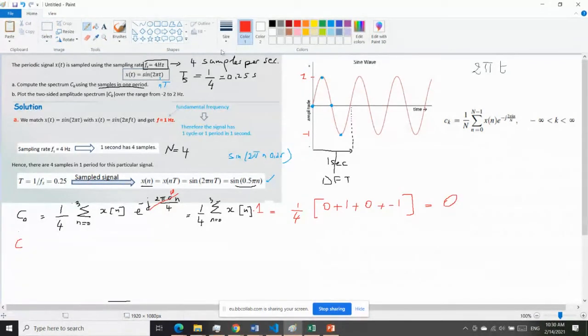C1 is again 1/4, n goes from 0 to 3, x[n] times e to the power of minus j 2 pi times 1 times n over 4.